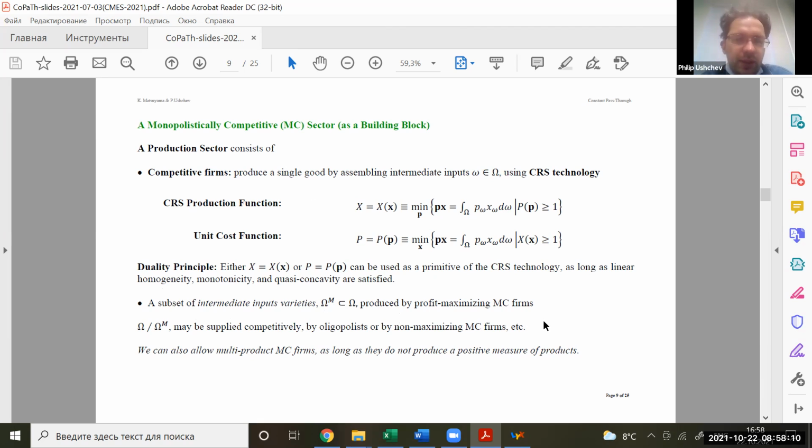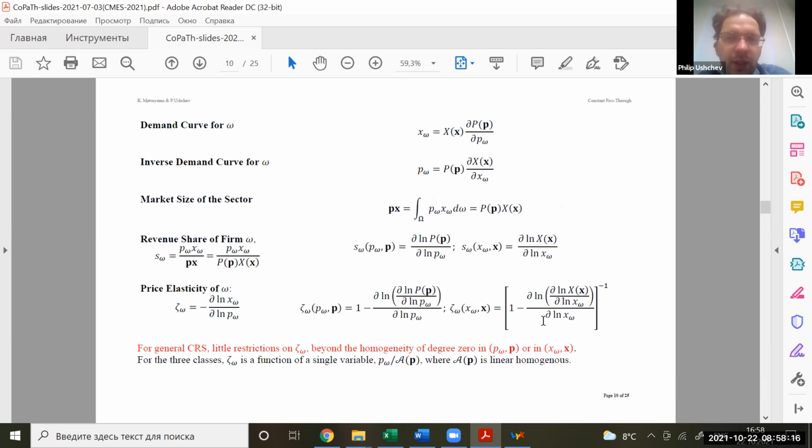We could allow here for also multi-product firms, but in the baseline model, we just do single product firms.